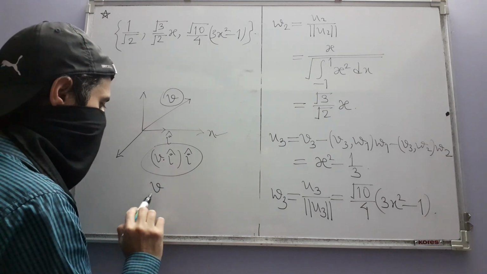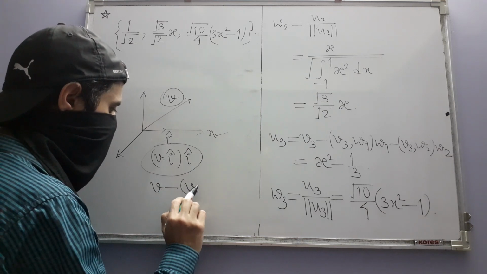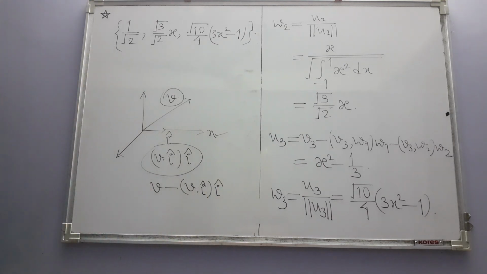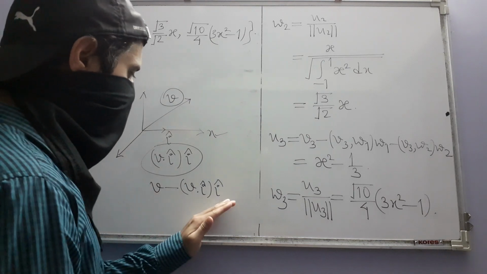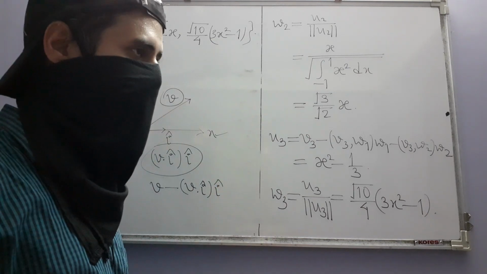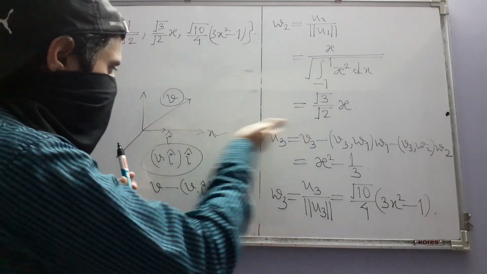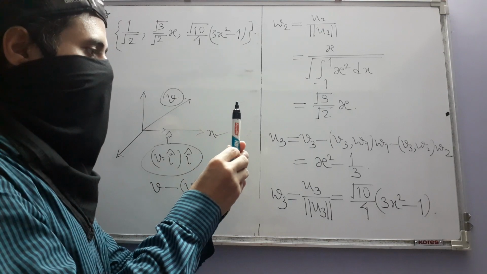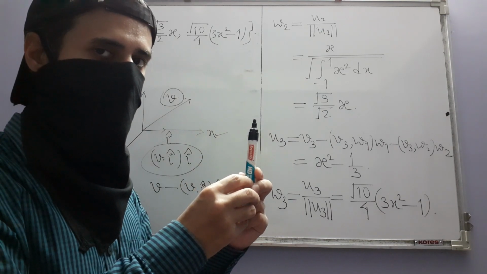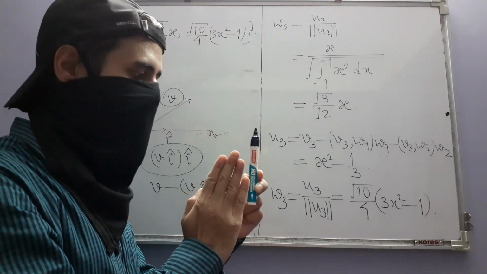Now if you remove that thing from v, then the resultant does not have any component along this. So this vector is going to now be perpendicular to the resultant, because the resultant is acting in this direction.